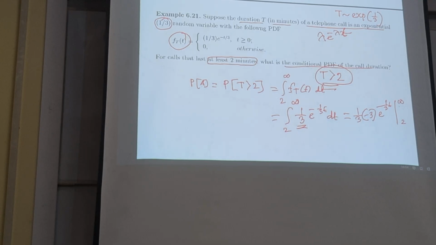Then when you put infinity for t, this becomes 0, and when you put 2 here, the 3 and 3 cancel out each other. We have e to the power minus 2/3. You got this one? 0 point something, is this?